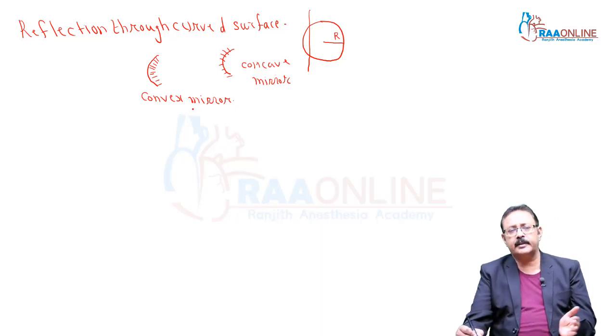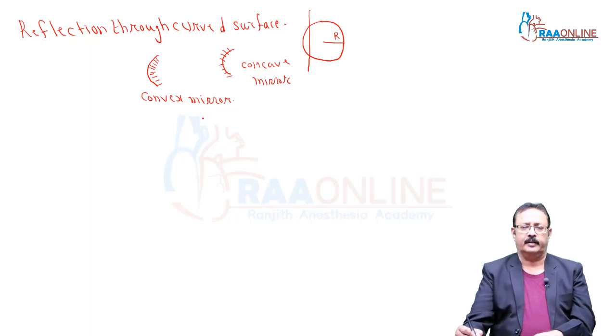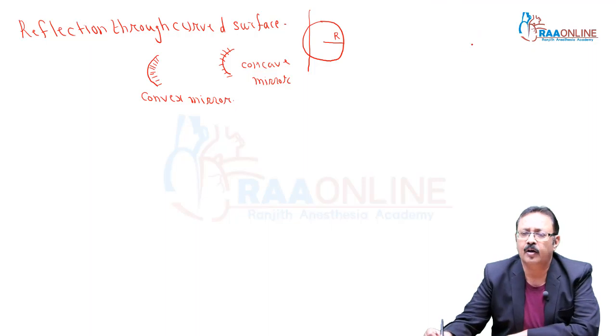And if you complete the whole sphere, the radius is known as the center of curvature. Now we will discuss this curved mirror. If the outer surface is polished, it is a concave mirror.